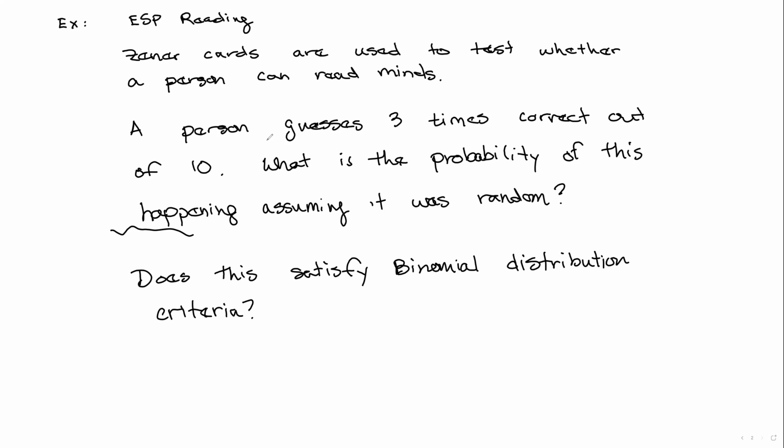That's the benefit you get in this case. Anyway, right now we're just trying to figure out what satisfies the binomial distribution criteria and what doesn't. We'll come back to the ESP question later.